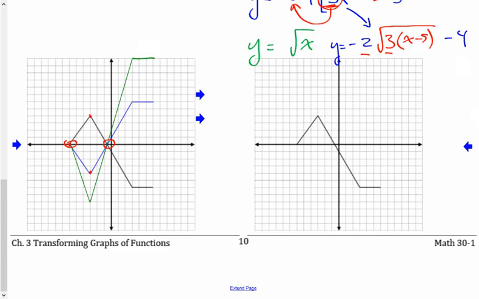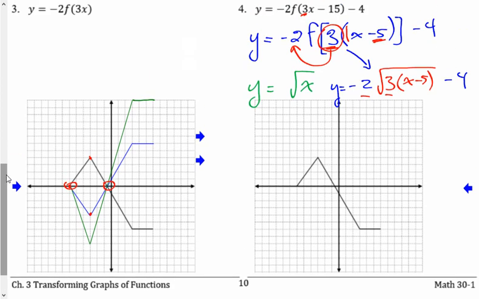Let me pause. So I skipped a little bit in the video, but they're the first two stages. So I'm repeating this for people online. There we go. The blue part is the reflection. So that's the negative sign from the equation at the top. And the green graph is the vertical stretch by a factor of 2. Finally, the 3 times x means all the x's are multiplied by 1/3.